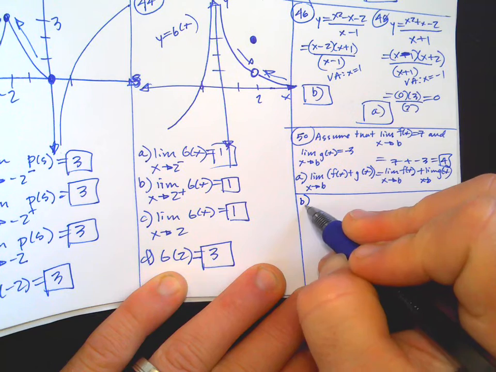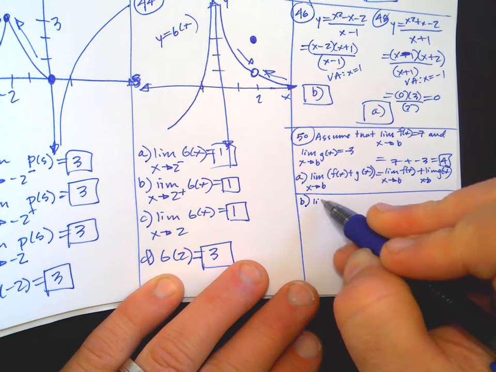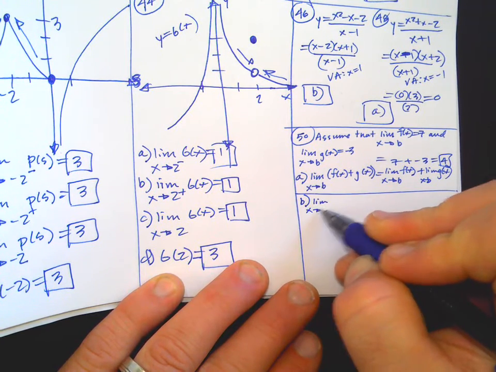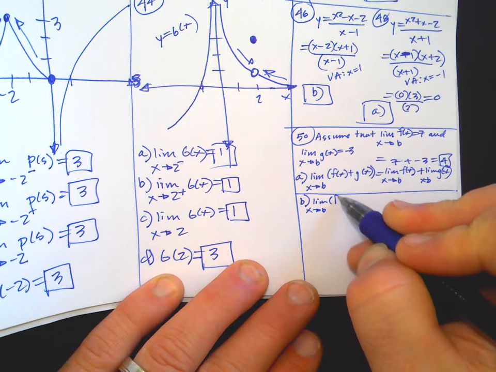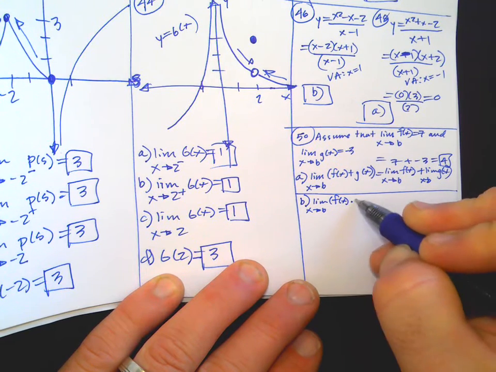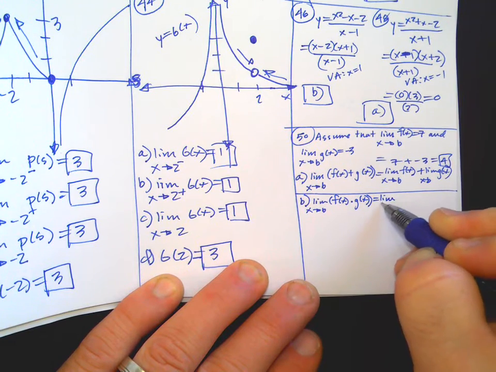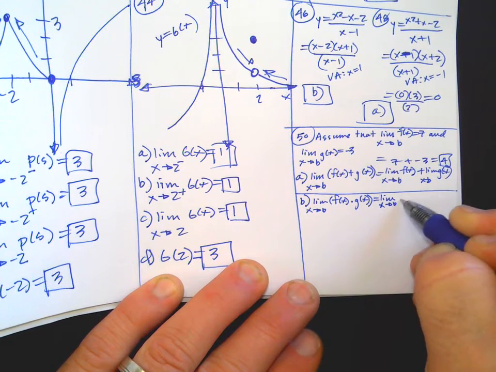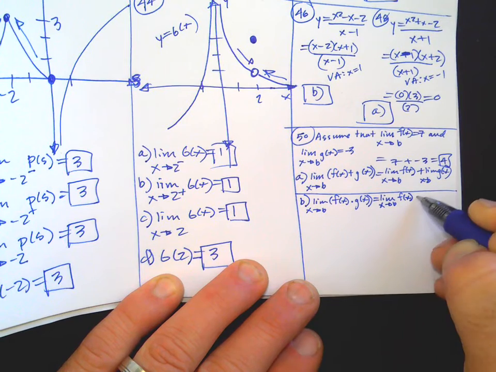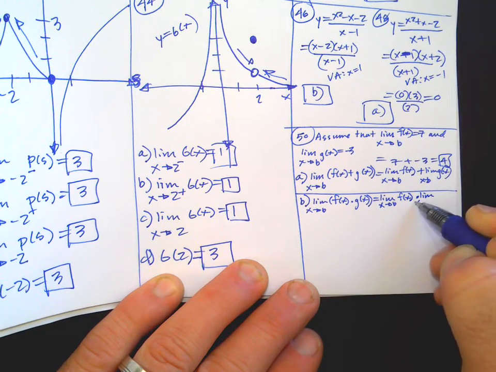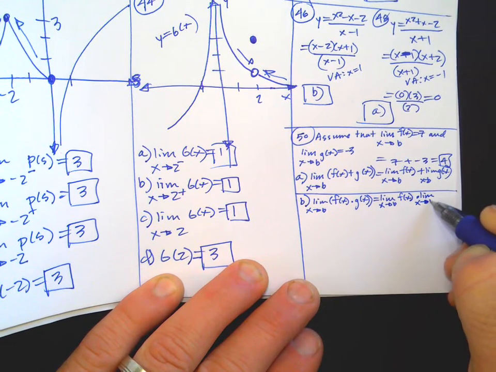And part B says, okay, well, what's the limit as x approaches b of f of x times g of x? Well, same idea. Properties of limits say that you can break these up and say, well, that's going to be the limit as x approaches b of f of x separately times the limit as x approaches b of g of x separately.